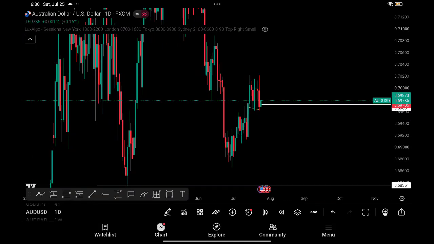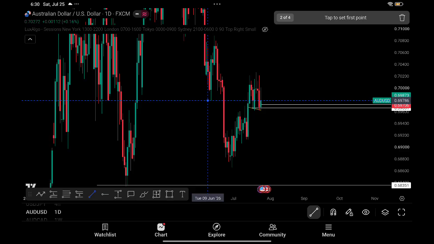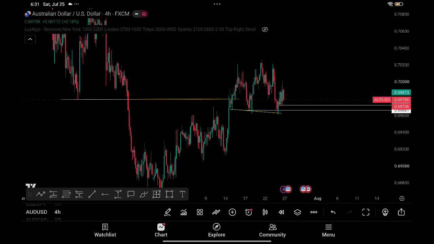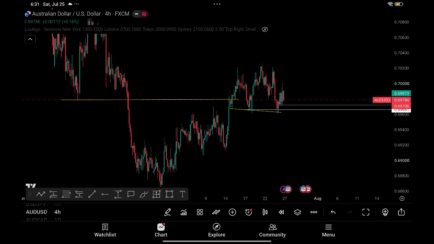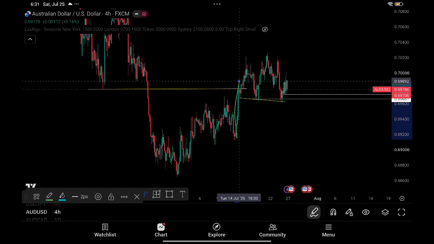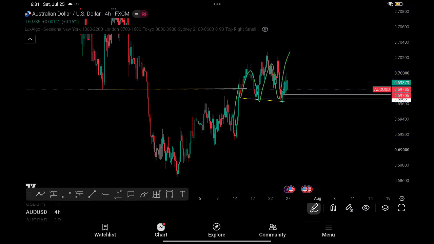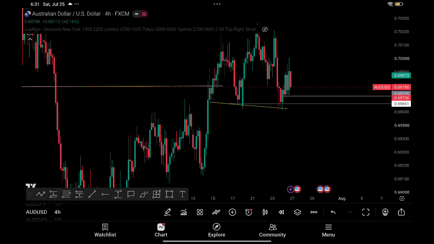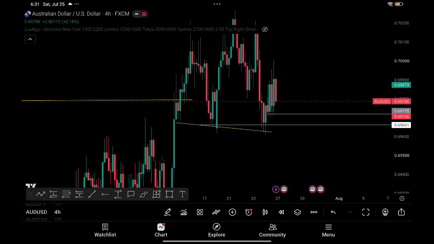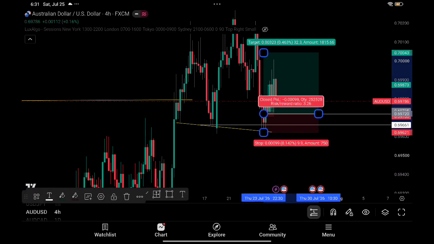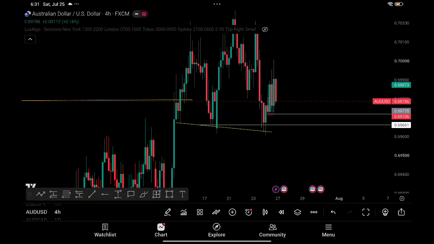I was looking for a short below this point, but it didn't react the way I expected, and in return it gave me the 4 hour continuation pattern, 1 2 3, right? And then it also has a lot of entries. You can take it as a 4 hour entry right up there, but I took it as an insurance entry.